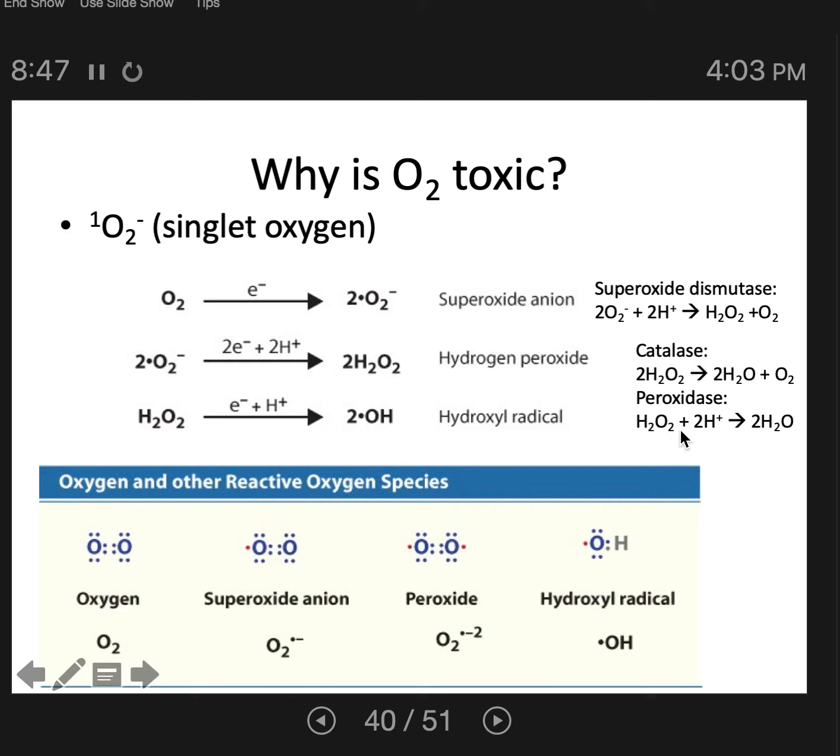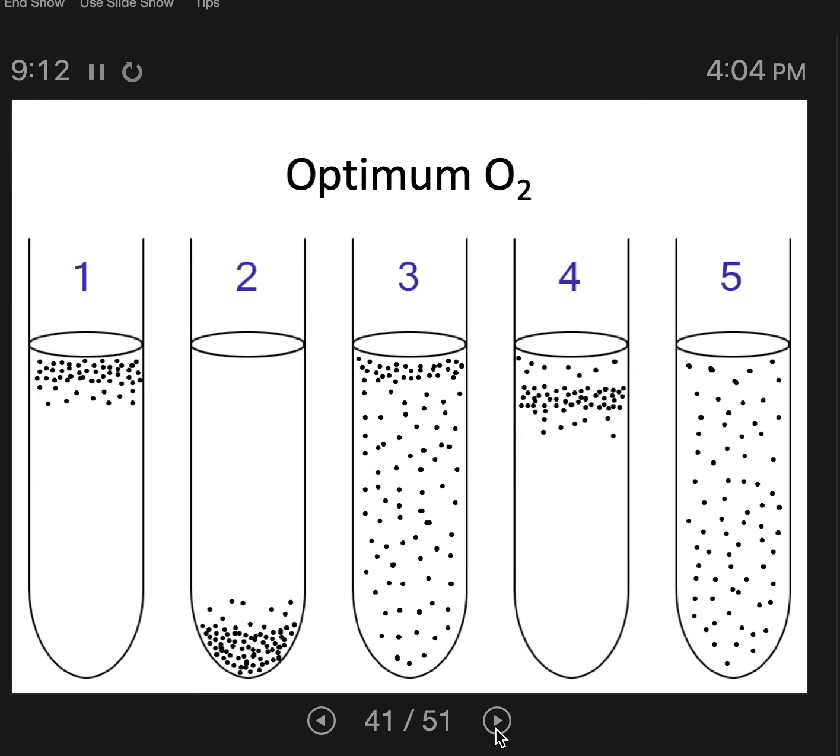There are some microbes out there, however, that do not have these enzymes. Those microbes cannot neutralize reactive oxygen species that always form when oxygen is present, and so when oxygen is present, they will be poisoned by the reactive oxygen species and they will die. So those microbes cannot be around oxygen at all. Oxygen is poison for them.